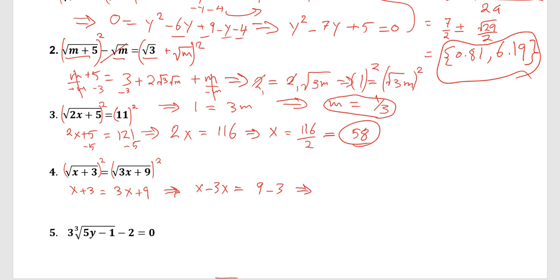So x minus 3x is minus 2x, and 9 minus 3 is 6. So x equals 6 over negative 2, which is equal to negative 3.